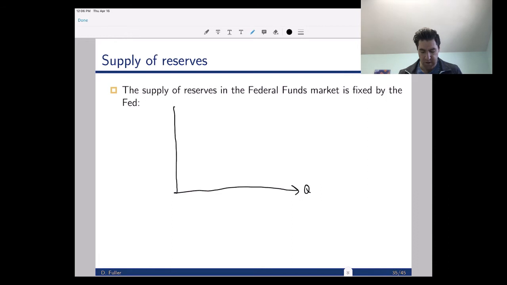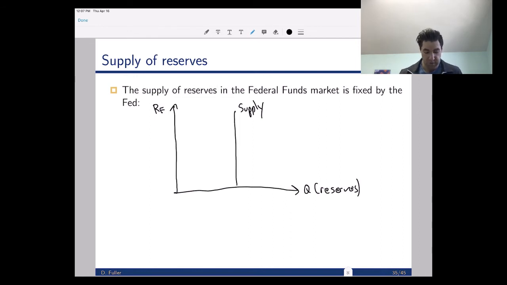So if I write the quantity of reserves on the horizontal axis, the federal funds rate on the vertical axis, supply is simply going to be a vertical line. The Federal Reserve says we're going to supply this amount of reserves to the federal funds market, and the Fed can remove reserves or add them as they see fit.